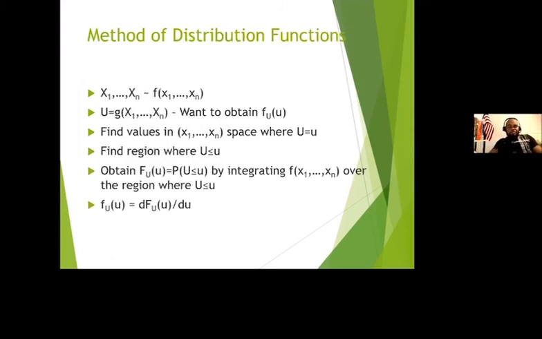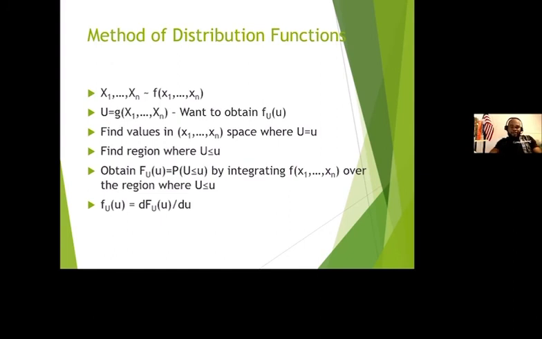Okay, let me tell you this. If we have a random variable x, which can be a discrete or continuous type, and if there exists another random variable y, where y is also a function of x, we have a way to derive, knowing the probability function of a random variable x, the probability function for the random variable y.